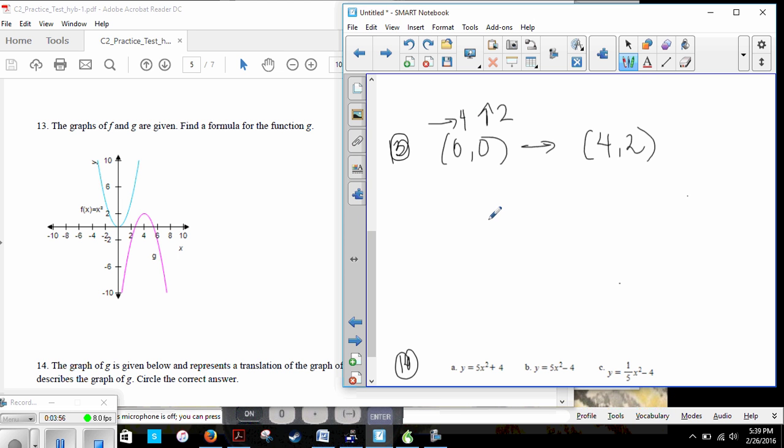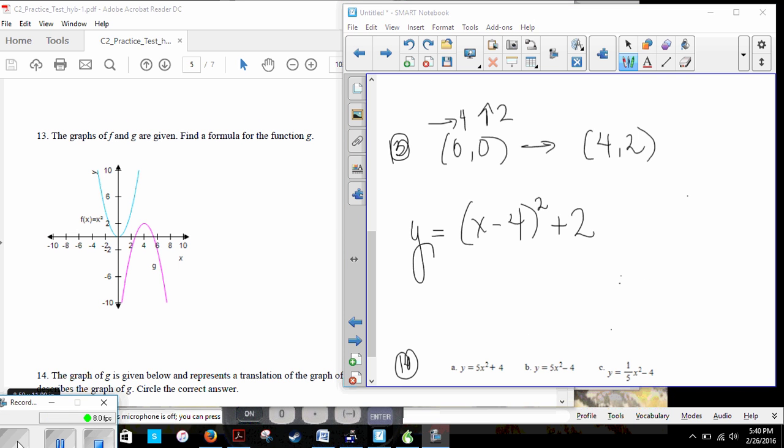So I move things left or right by putting a number on the inside. If I want to go right, it actually has to look like it's going to the left. I move things up or down by adding a number to the outside. To get it to go up, I just say plus 2. To get it to go down, it would be minus 2. And I want it to go up 2, so I'll say plus 2. So y equals x minus 4, that quantity squared, plus 2.